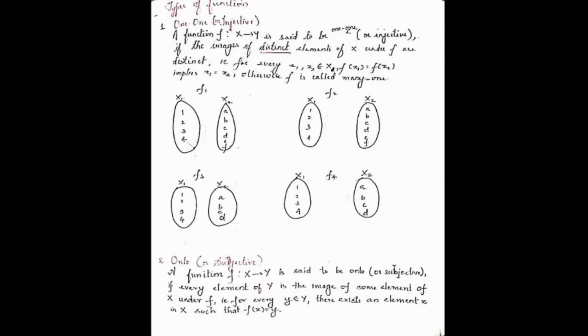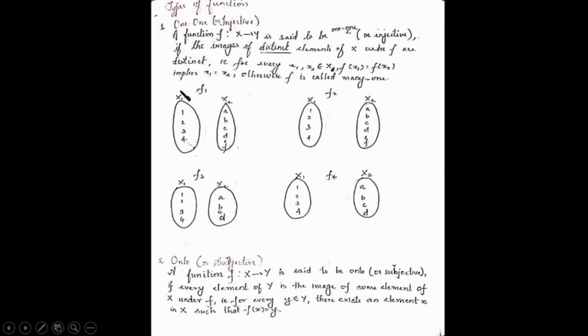A function f from X to Y is said to be one-one or injective if images of distinct elements of X under f are distinct. That is, for every x1, x2 belonging to X, f of x1 equal to f of x2 implies x1 equal to x2, otherwise f is called many-one.